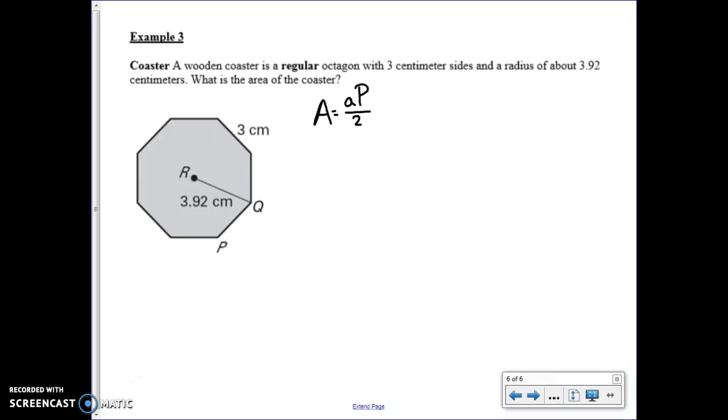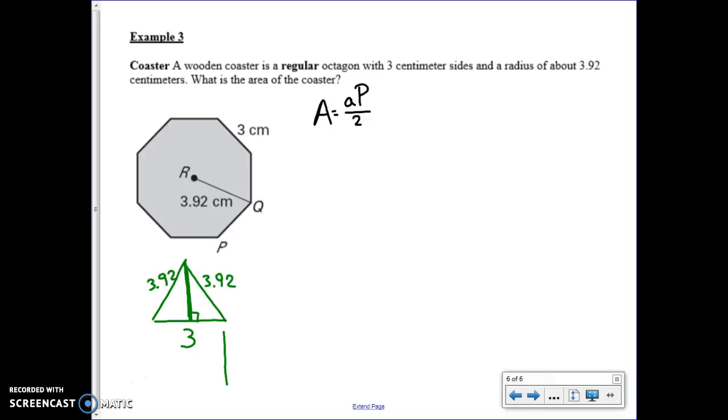We're going to have to do some work to find the apothem. So what I do see is a radius of 3.92. The whole side length is 3, since it's a regular octagon. We need to find this vertical distance here.